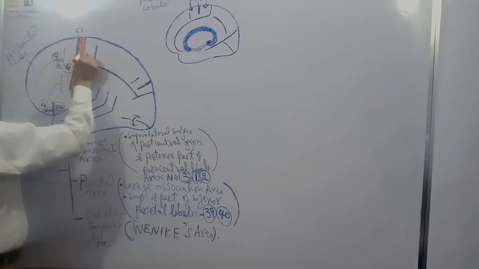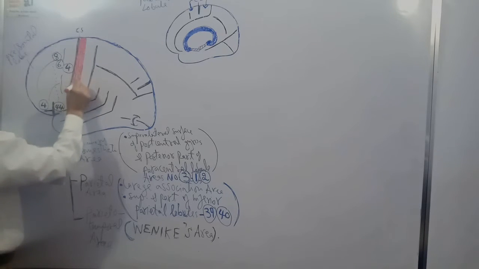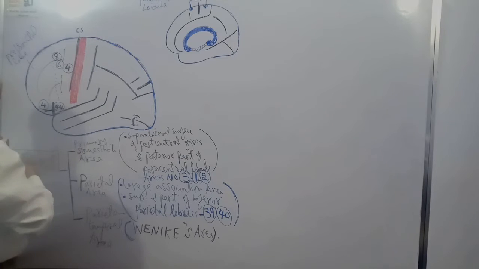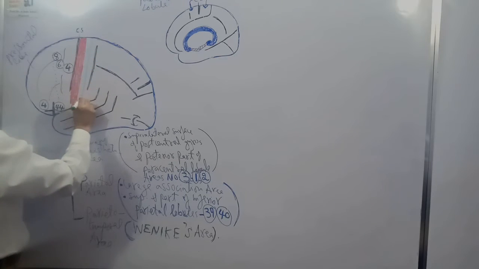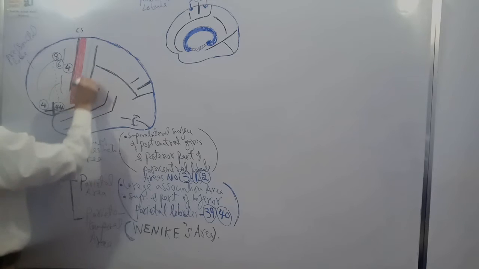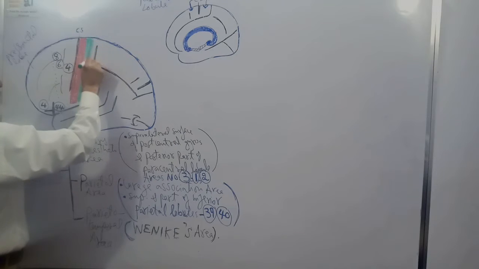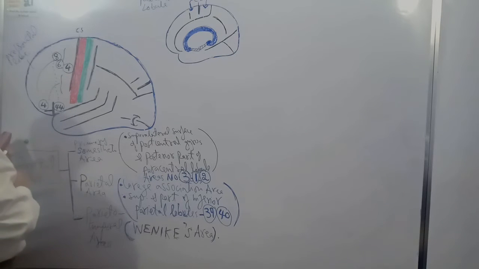The superolateral surface of post-central gyrus is primary somatosensory area, primary sensory cortical area, divided into anterior part, middle part, and posterior part.